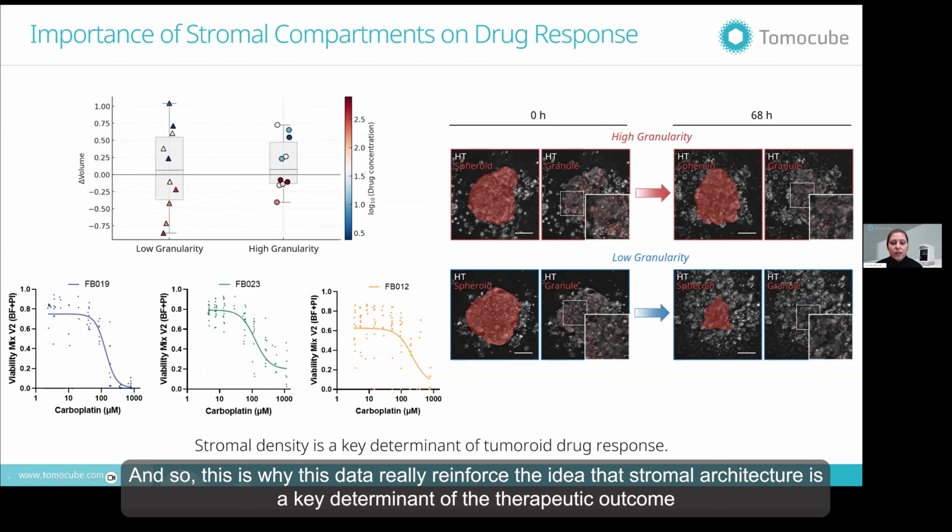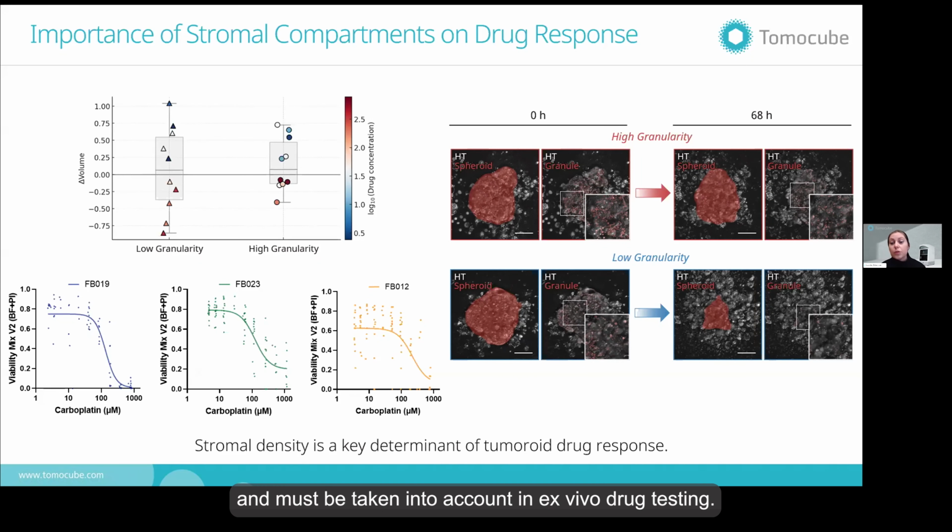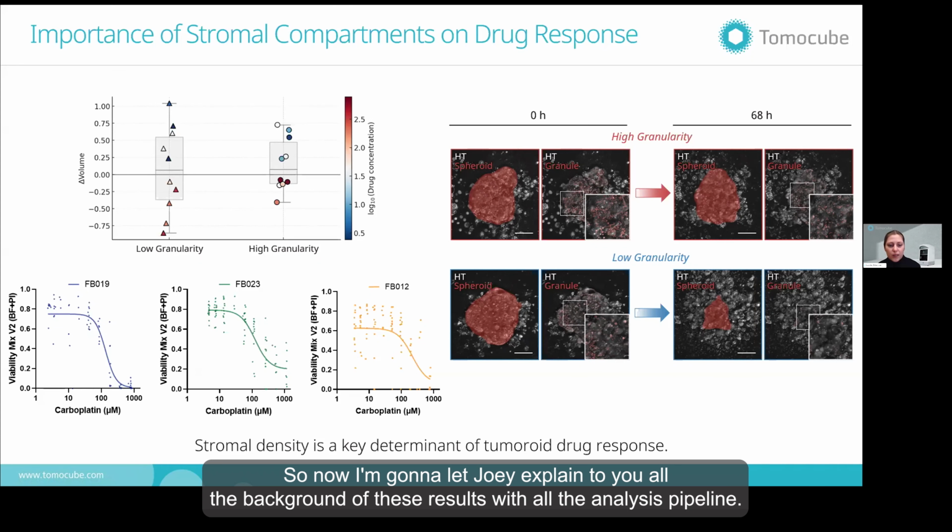So this data really reinforces the idea that stromal architecture is a key determinant of the therapeutic outcome and must be taken into account in ex vivo drug testing. Now I'm going to let Joey explain the background of these results with all the analysis pipeline.